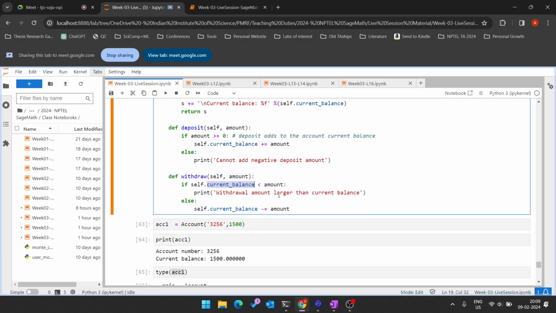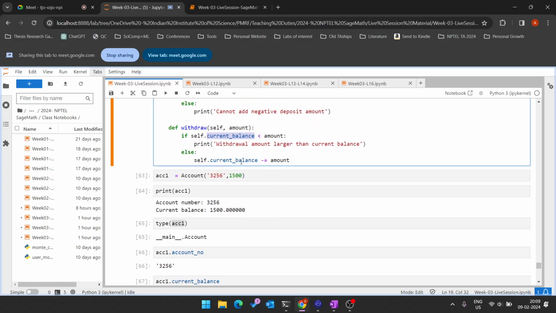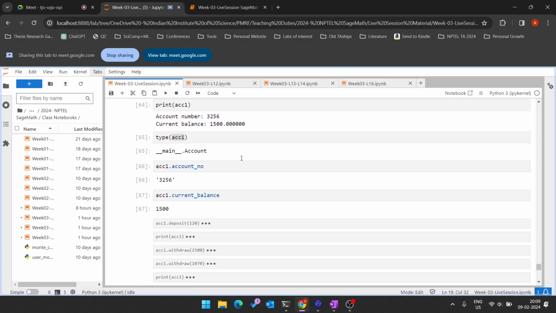Then obviously you cannot withdraw, right? Otherwise, your current balance has to stay non-negative. So this condition violates that. This is why we have added an if-else condition. Otherwise, just subtract it from the current balance.